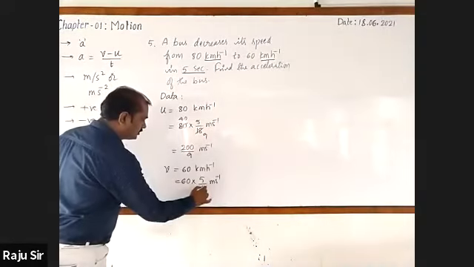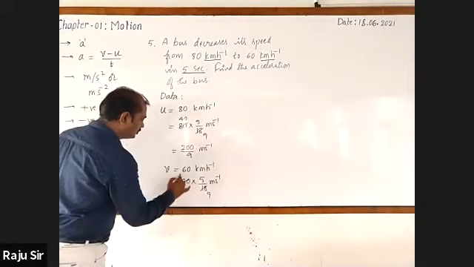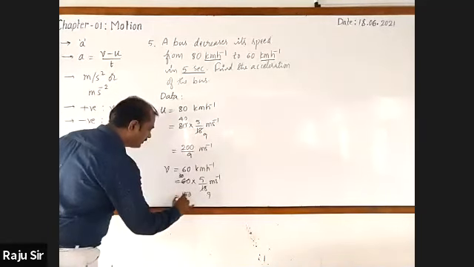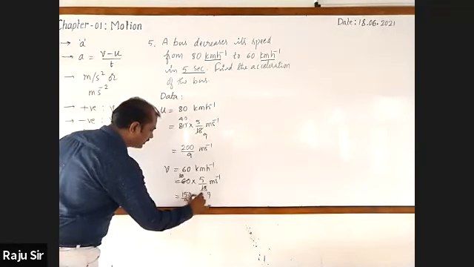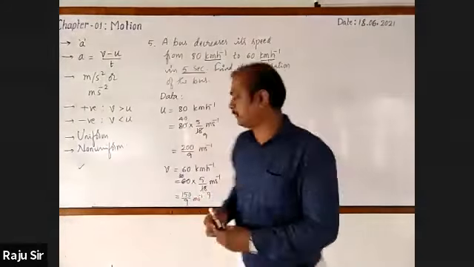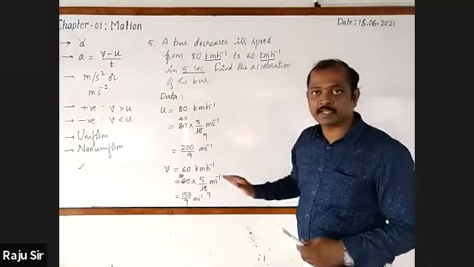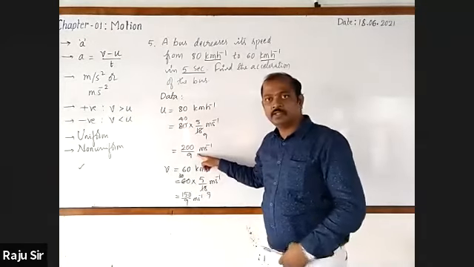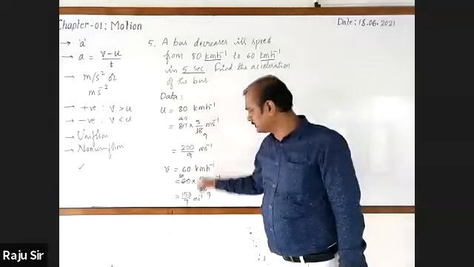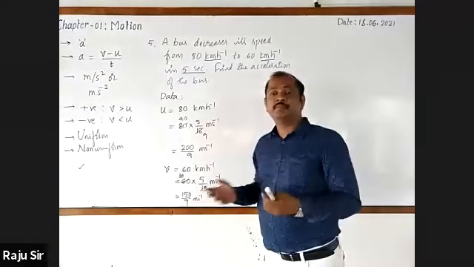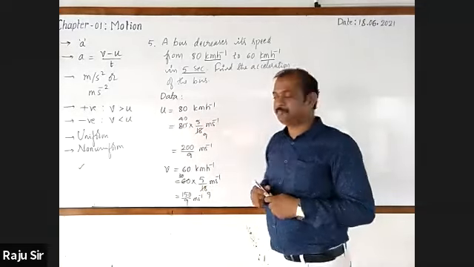Again it is 2 nines are 18, 2 30s are 60, 30 into 5 is 150, then by 9 meter per second. Of course, it can be simplified further, but I have kept this as it is. The reason is in the initial velocity, denominator 9 is there. In the final velocity, if the denominator 9 is there, calculation will be easier.